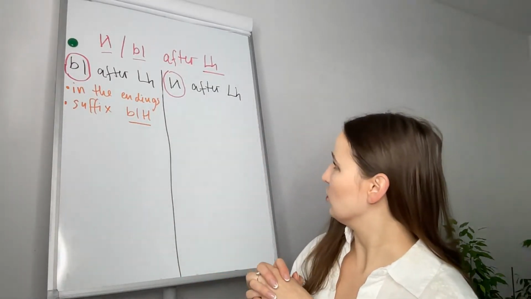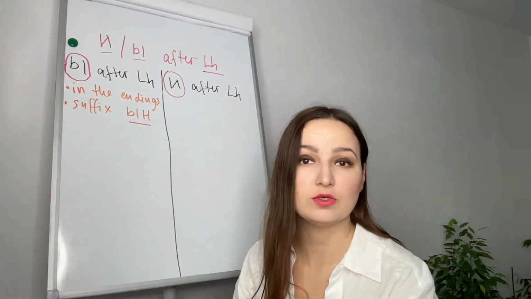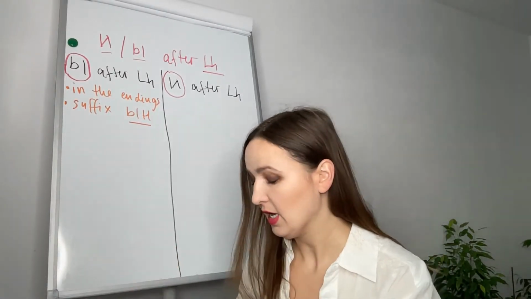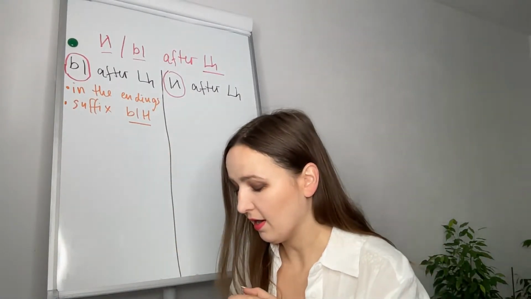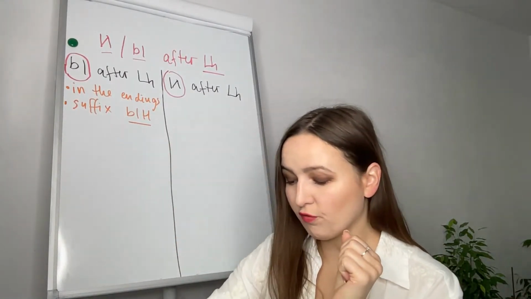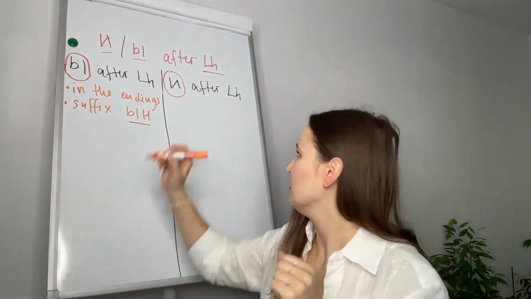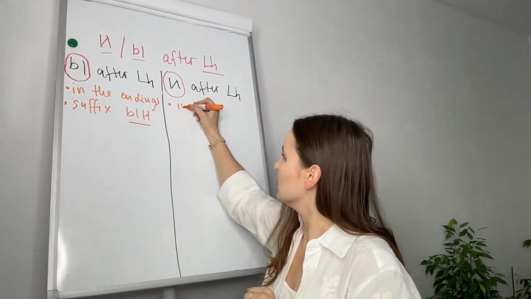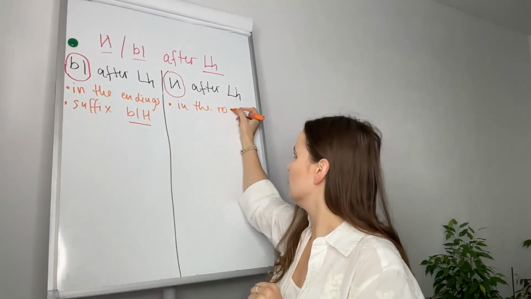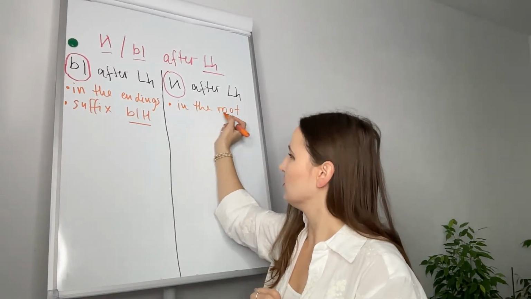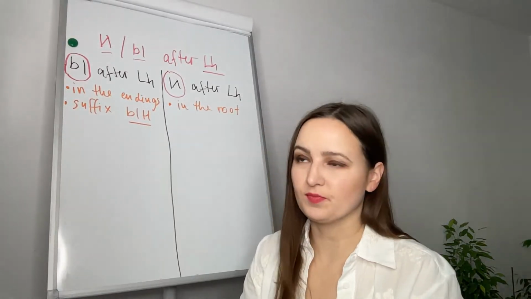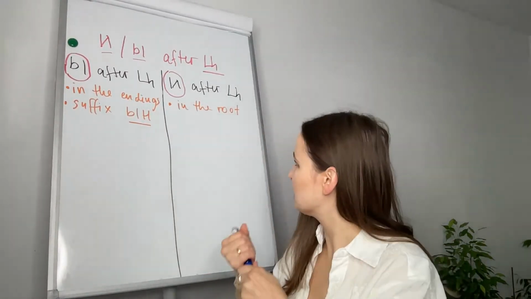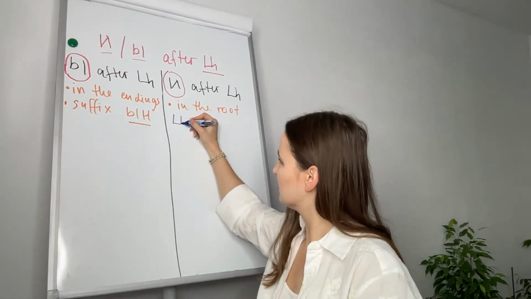Let's look at some examples. Let's begin with И in the root of the word. Like in the word цифра, давайте напишем цифра.